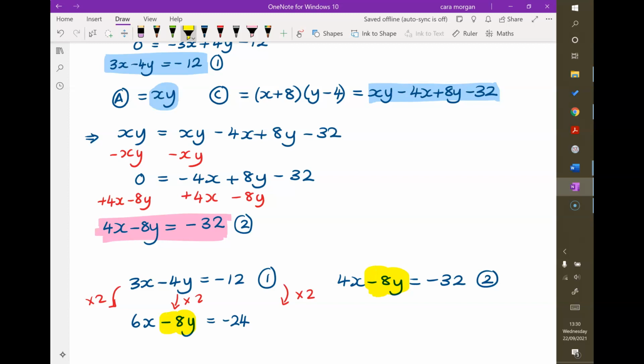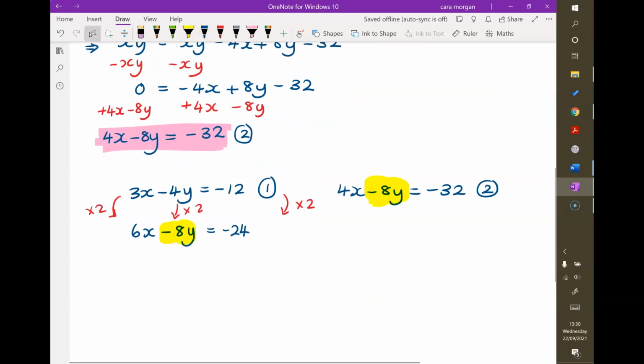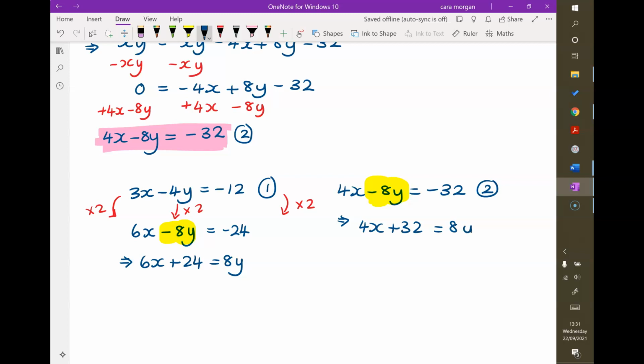There are a couple of different ways I can solve these. I could rearrange the first equation to get 6x add 24 equals 8y, and rearrange the second equation to say 4x add 32 is equal to 8y.